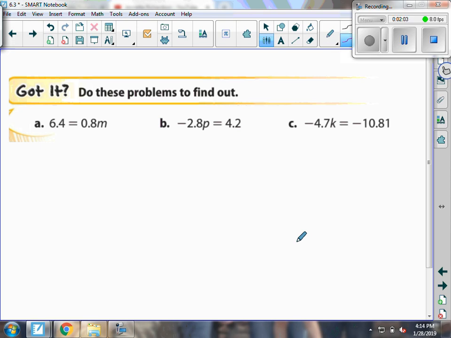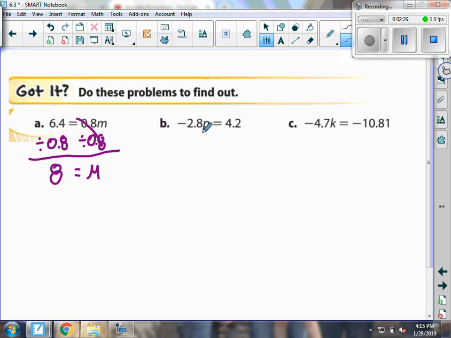Okay, pause this if you need more time, but we're going to go over this. So I'm going to divide both sides by 0.8. Your number in front of your letter is what we're dividing by. So that cancels out. So you have m is equal to 6.4 divided by 0.8, which is 8.